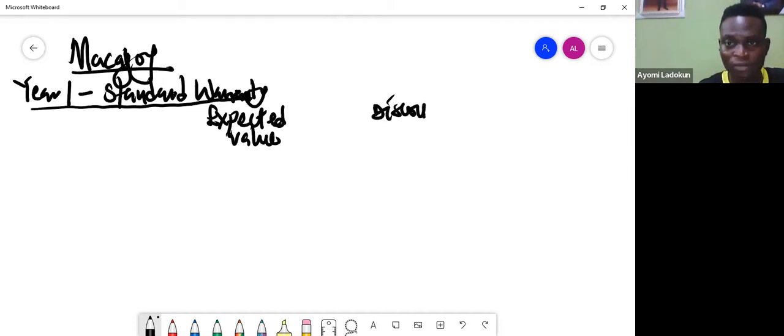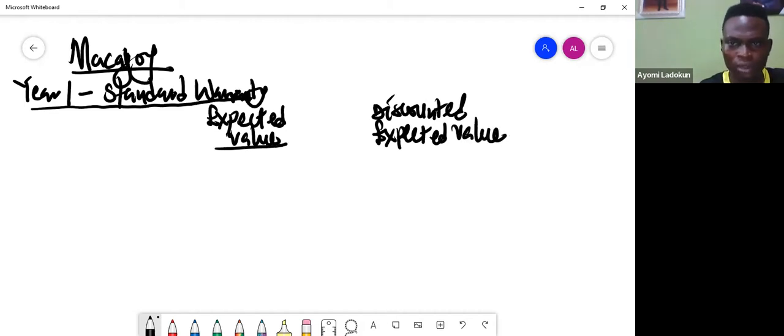I think they gave us 4% discount. Discounted expected value. I think we have a Naira sign. I'm not sure whether it's in 1,000 or in million, but let me just assume. Okay, so what do we do here?